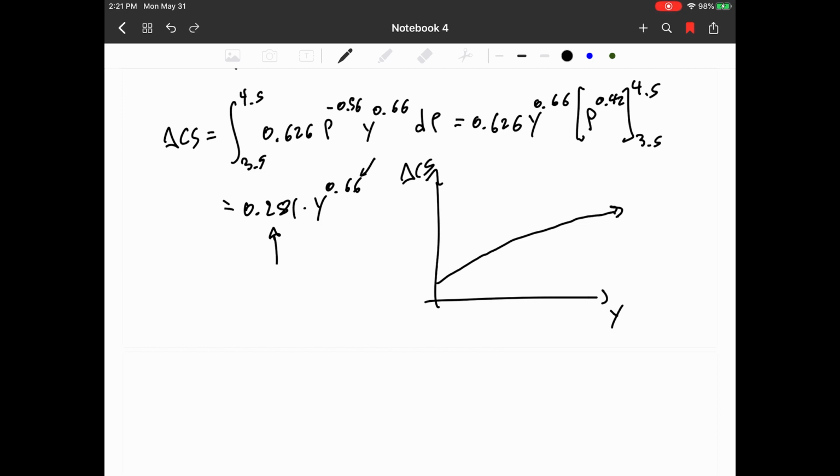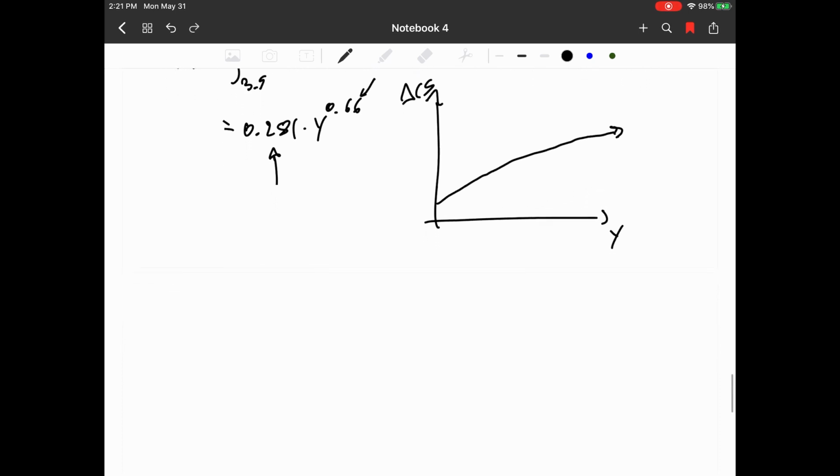This shows us that as income increases, the change in consumer surplus as a result of the tax is actually going up.